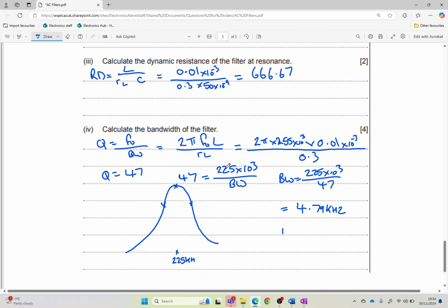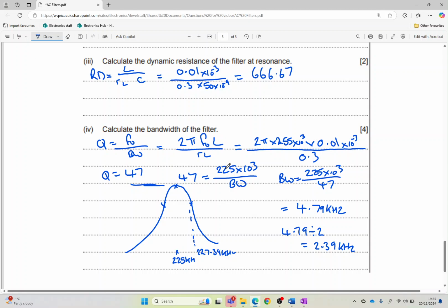So 4.79 kilohertz divided by 2 gives us 2.39 kilohertz. So approximately this point here is going to be at 227.39 kilohertz. Now what amplitude is this point here?